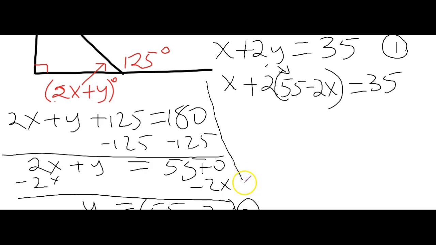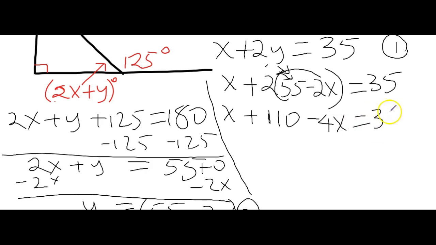Okay, so follow the order of operations and distribute first. So 2 times 55, that is 110, and then 2 times 2x is 4x, negative 4x, equals 35. Okay, we can collect like terms. 1x minus 4x gives us negative 3x.